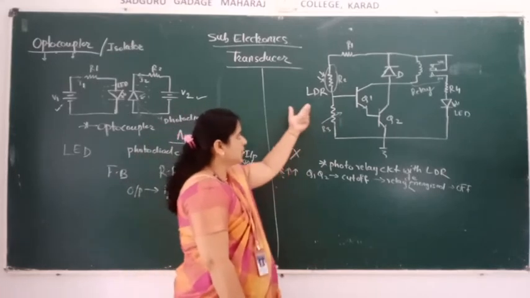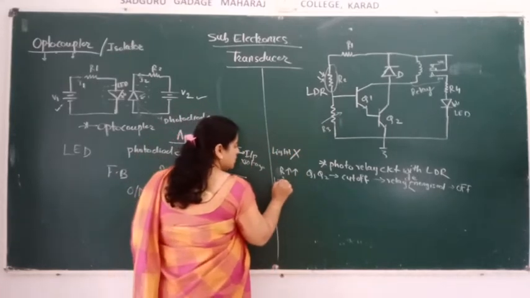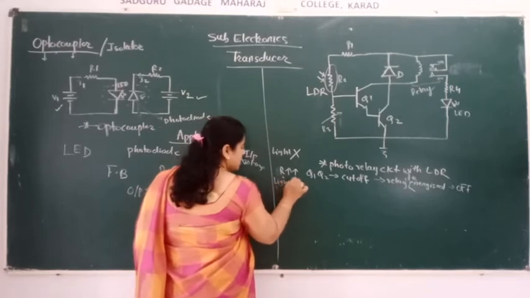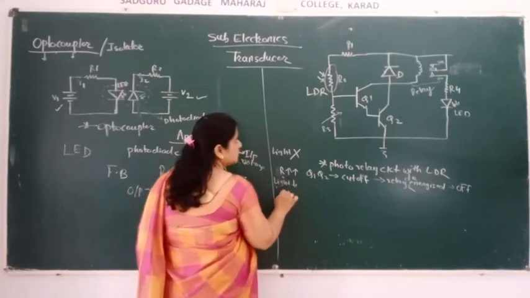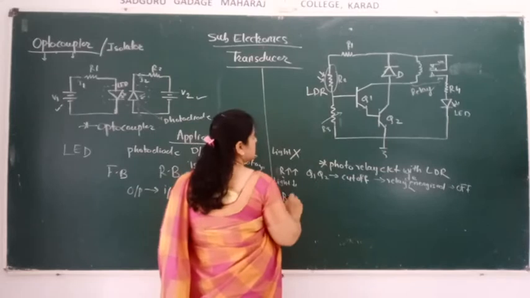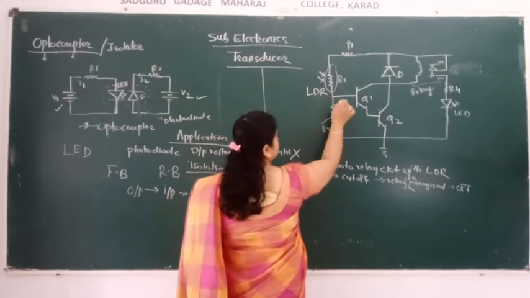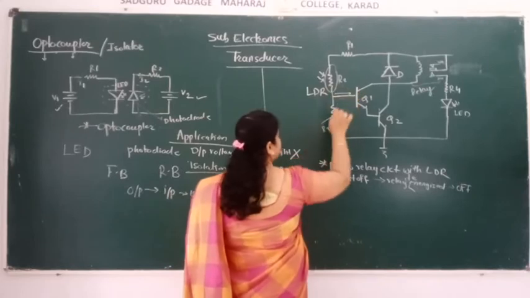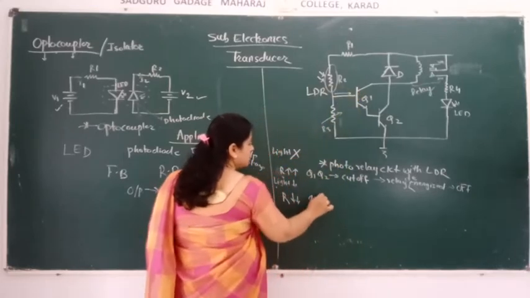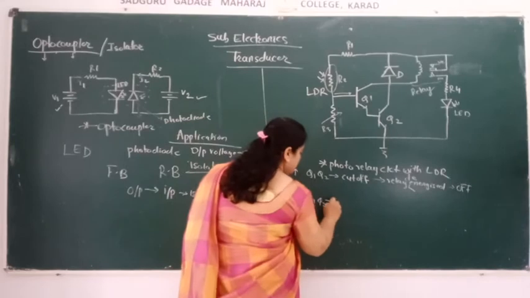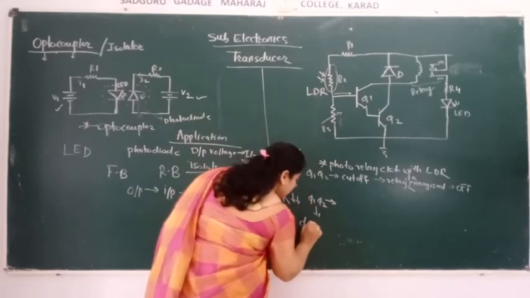In the opposite direction, when light falls on the LDR or this resistor, the resistance will decrease and current flows through Q1 and Q2, and Q1 and Q2 are in a Darlington pair.